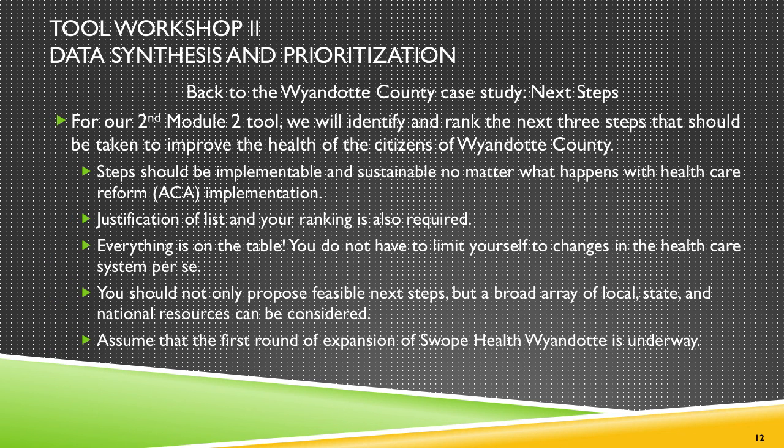Okay, now let's switch gears, at least in terms of location, for the second Module 2 tool. We're going back to Wyandotte County and moving forward in the process to prioritize the health problems within a community.